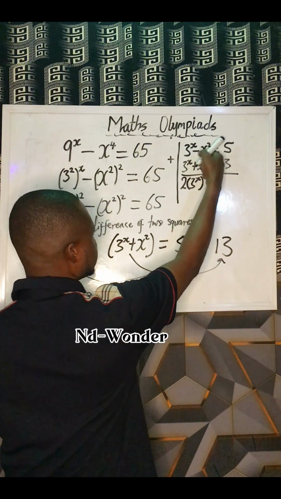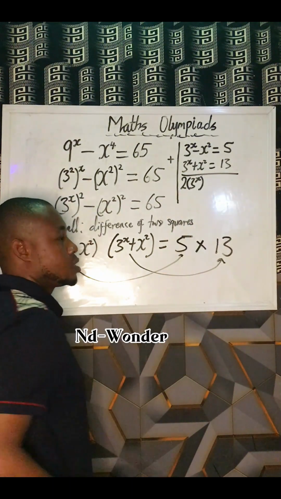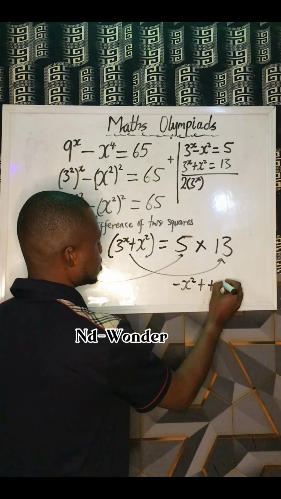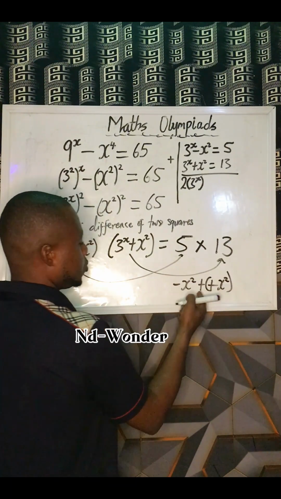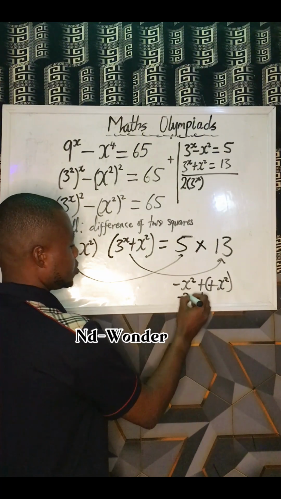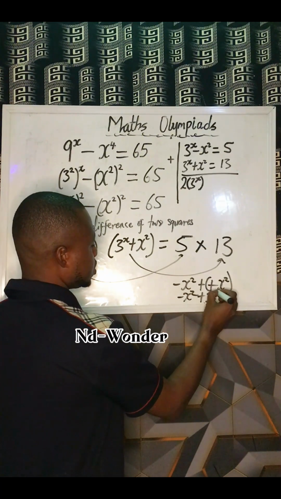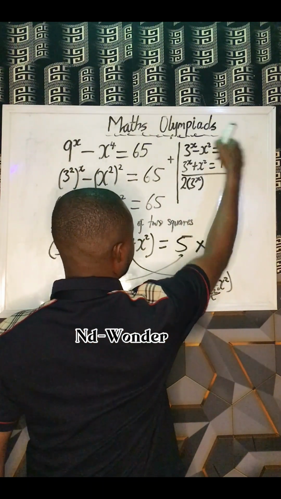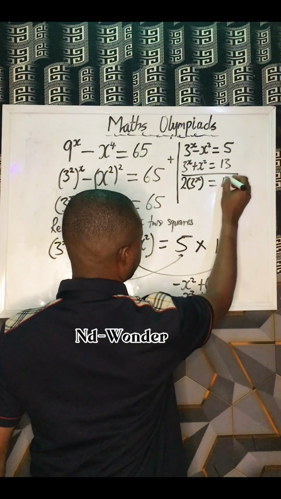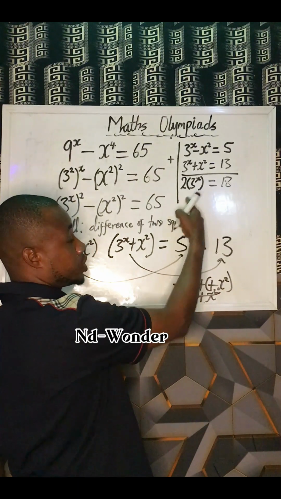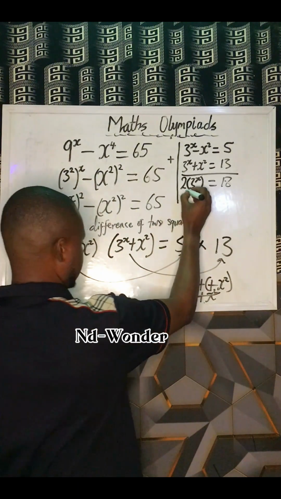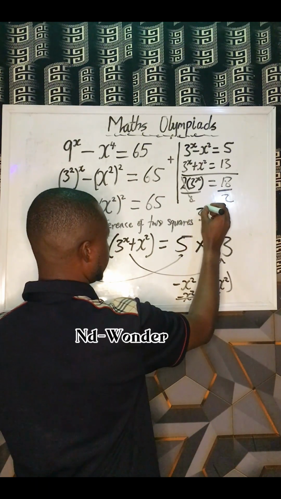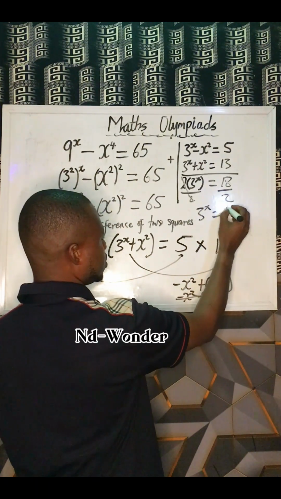Then minus x squared plus x squared, they will cancel. Minus x squared plus x squared is 0, nothing. So 5 plus 13 will give us 18. So I've got to divide both sides by the coefficient of 3 to the power x, which is 2. So 3 to the power x is equal to 18 divided by 2, which gives us 9.